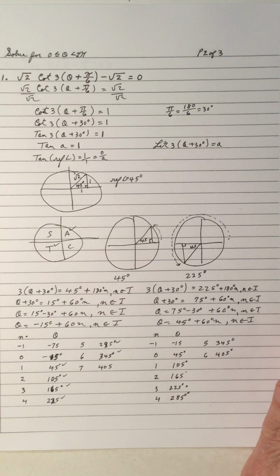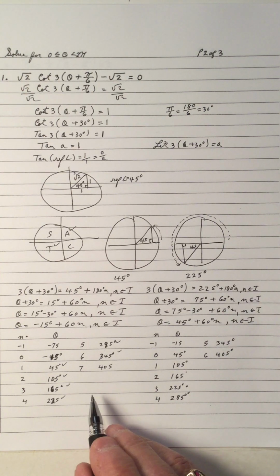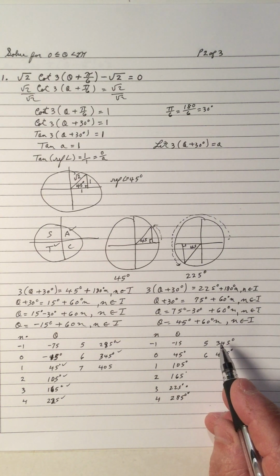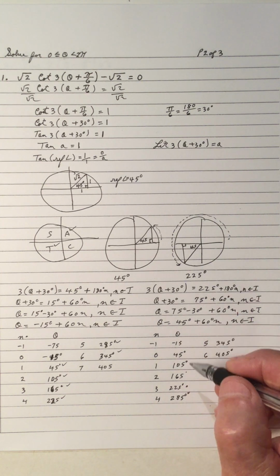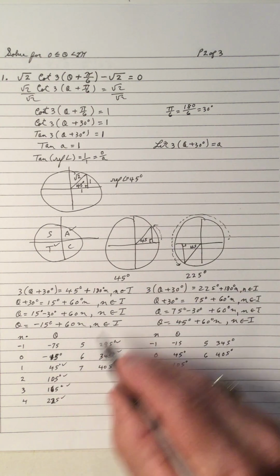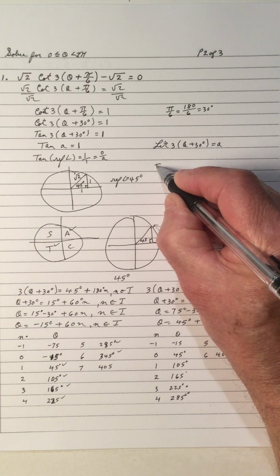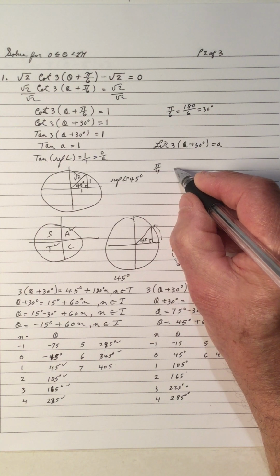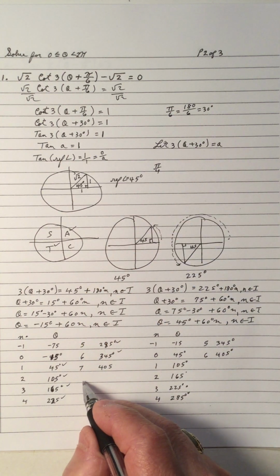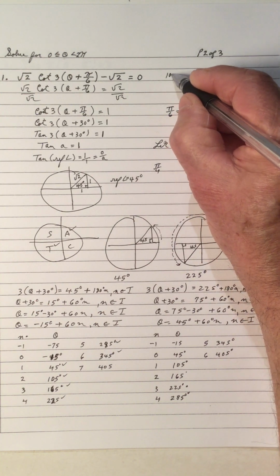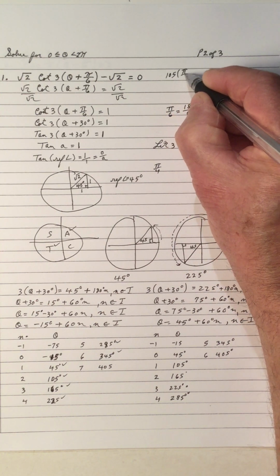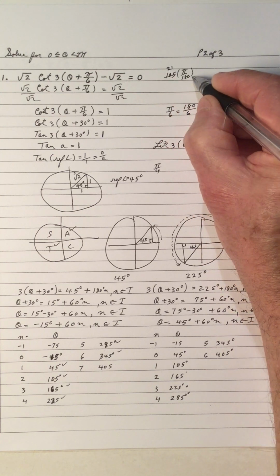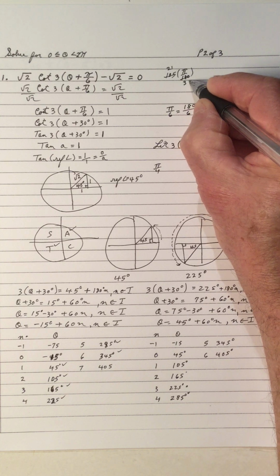And now we want them in radians, so we convert all these to radians, but notice that all these answers are the same. I ran out of space here, so I'm going to go up here and convert these to radians. So 45 is pi over 4. 105 is, if you convert the 105, 105 times pi over 180. 5 into that goes 21. 5 into that goes 36.